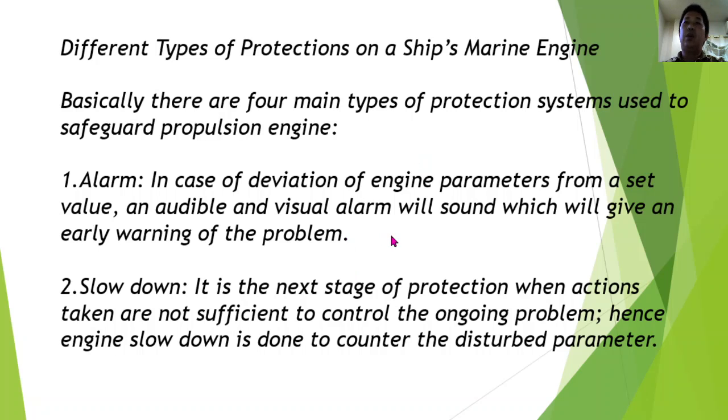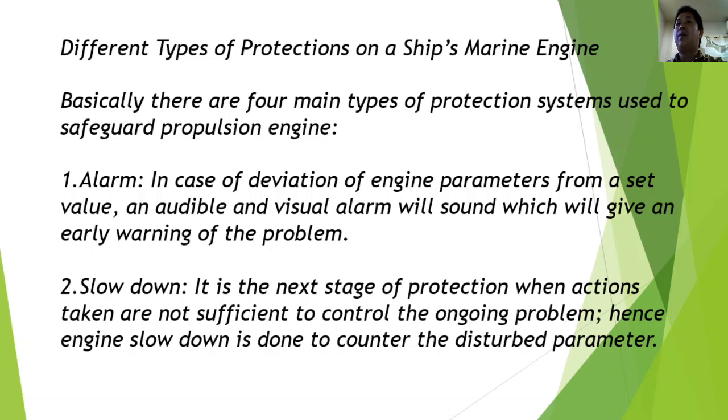So if there is a deviation of engine parameters from a set value. The engine is equipped with an alarm system with a set value, for example, low lube oil pressure. For example, the alarm for low lube oil pressure is 2.5 bar.